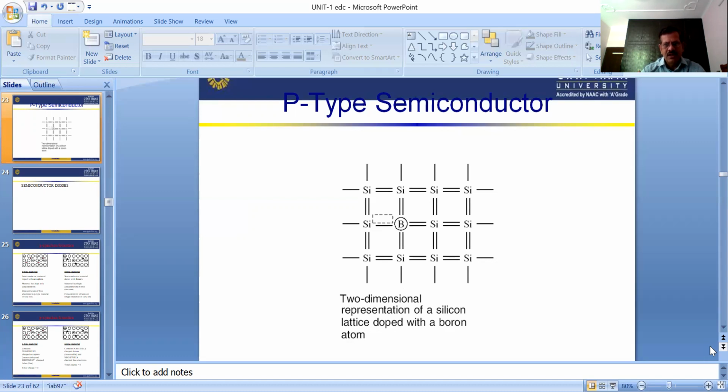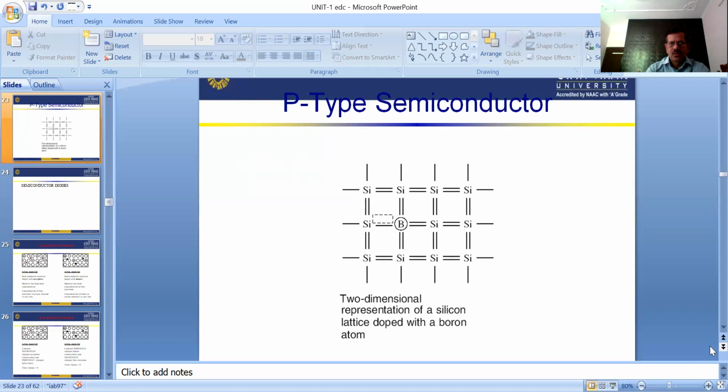For example, boron is a trivalent or group third element. After doping boron into the semiconductor, it behaves as a p-type semiconductor, and after doping phosphorus, the pentavalent element of the fifth group, the semiconductor behaves as an n-type semiconductor.